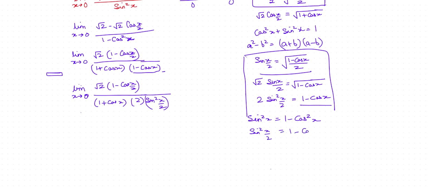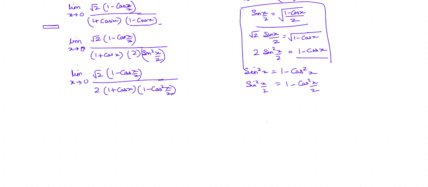Okay, so because we are trying to simplify, we'll see if something from numerator or denominator can be cancelled off. Now since we have put sine square x by 2 as 1 minus cos square x by 2, we can now write 1 plus cos x by 2 and 1 minus cos x by 2 here.